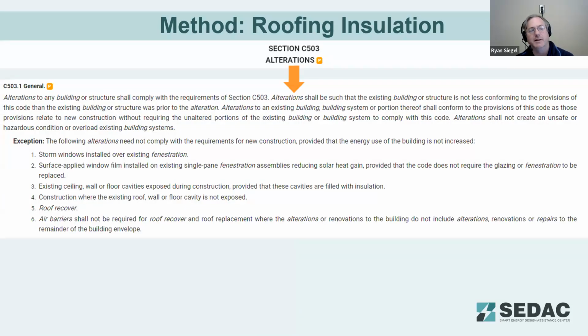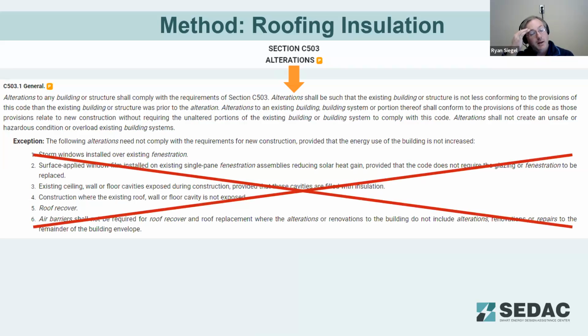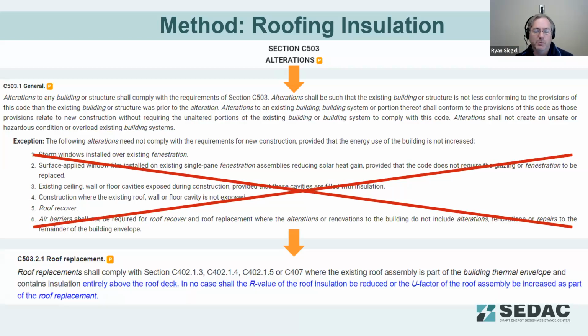So for roofing insulation, looking through, it says it needs to comply unless one of these exceptions fits in, and none of those apply to this case. Roof replacement, they're calling out that roof replacements need to comply with the following requirements, where it's part of the thermal envelope and contains insulation entirely above roof deck.